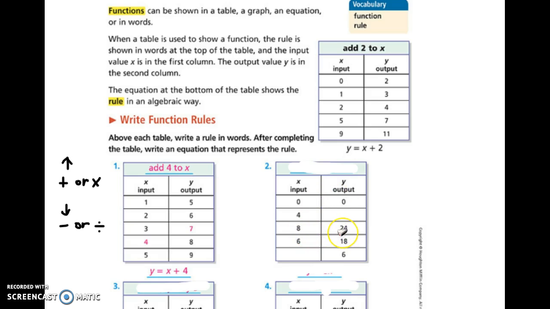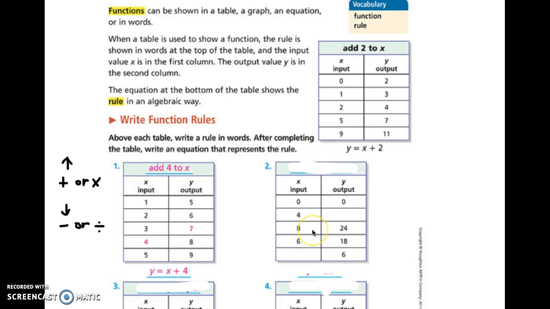So 8 to 24. Again, it's going up. Okay, so again, if it's going up, my two things could be, is it adding or is it multiplying? And we could try to figure out the difference. So the difference, what would I have to add to 8 to get to 24?